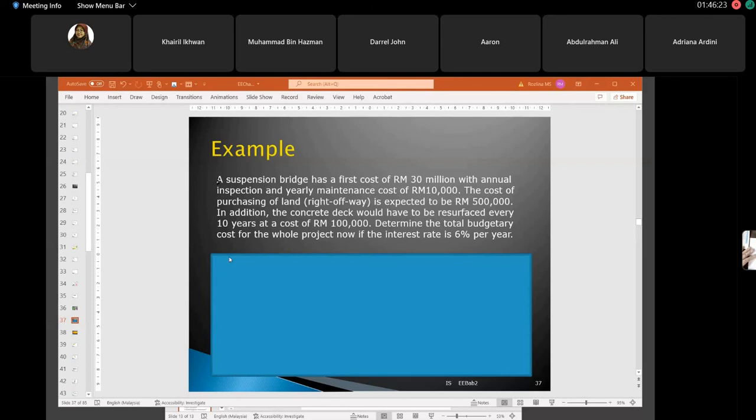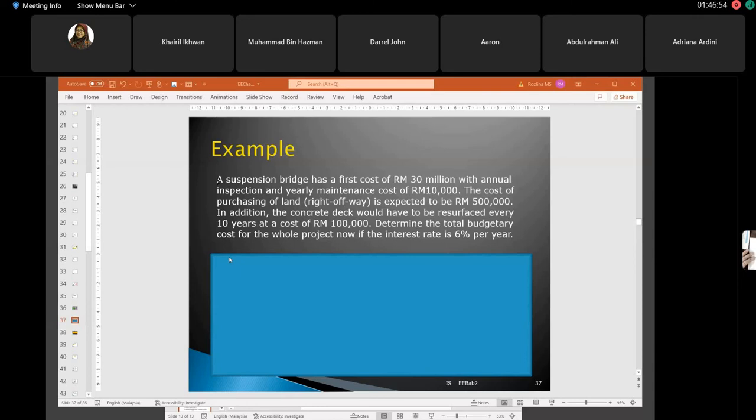The cost of purchasing land right of way is expected to be 500,000 ringgit. Its value is now, because for the cost of purchasing land, there is another 500,000 ringgit to be covered.